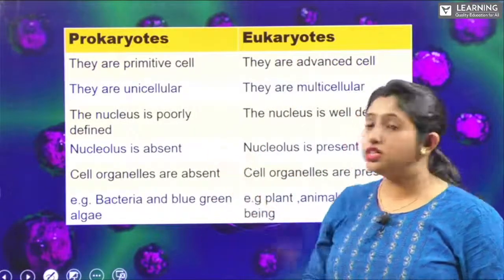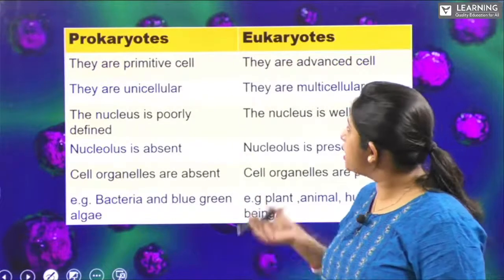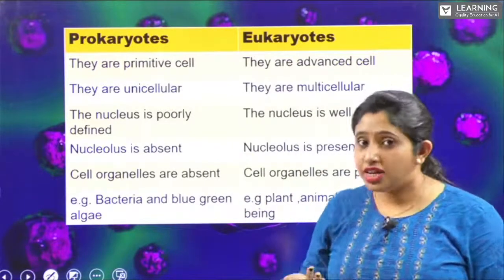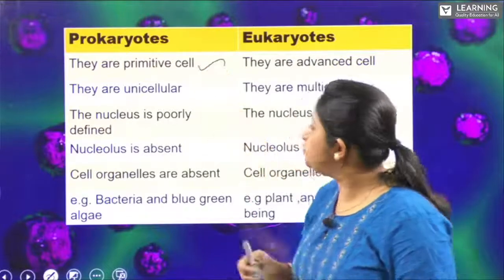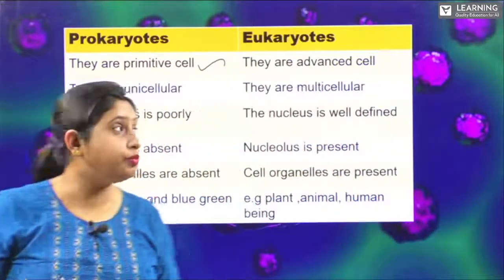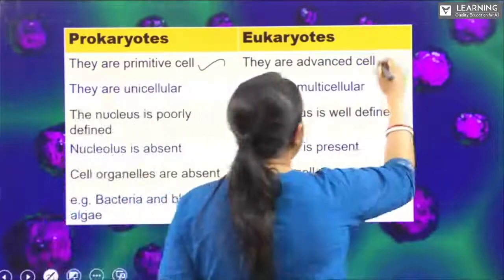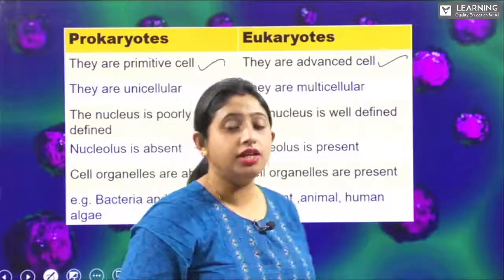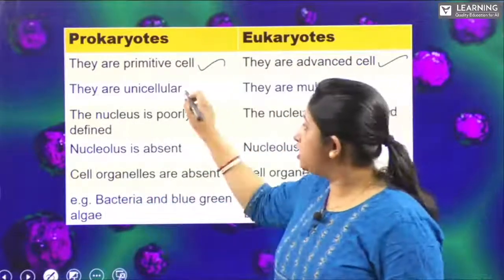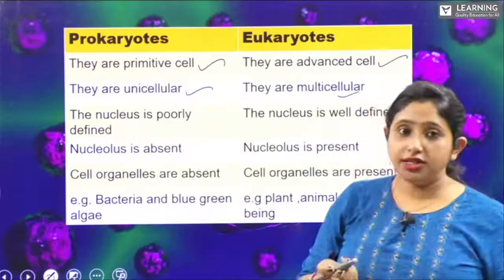So this is the difference between the prokaryotes and the eukaryotes. Prokaryotes are the primitive cell and eukaryotes are the advanced cell. Prokaryotes are unicellular, whereas eukaryotes are multicellular.